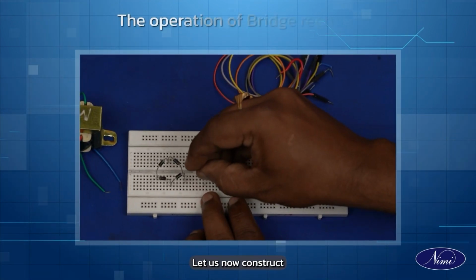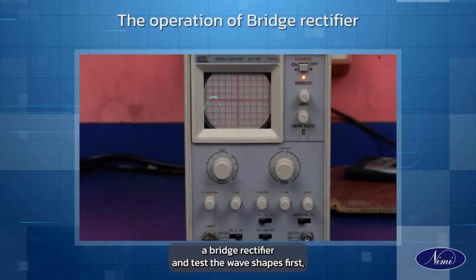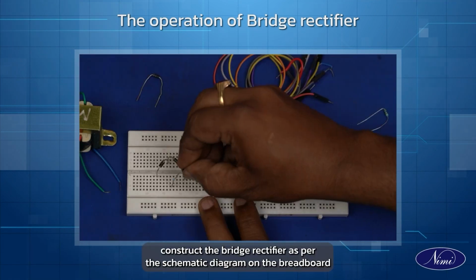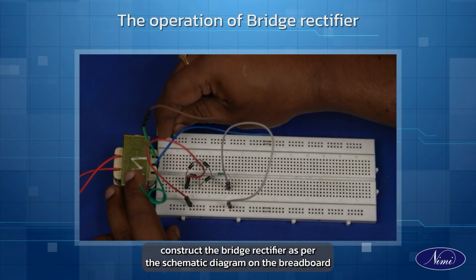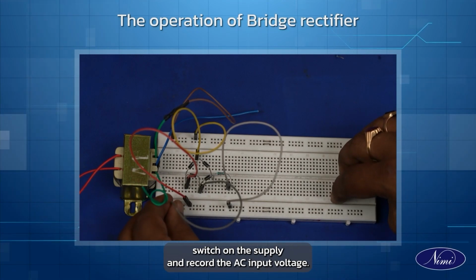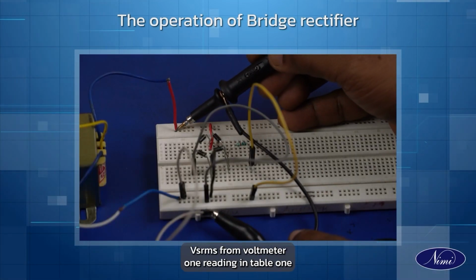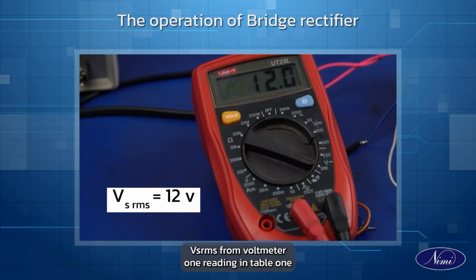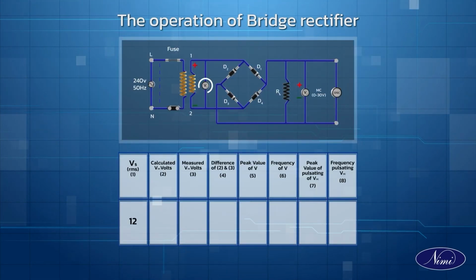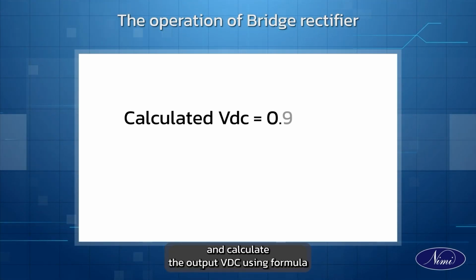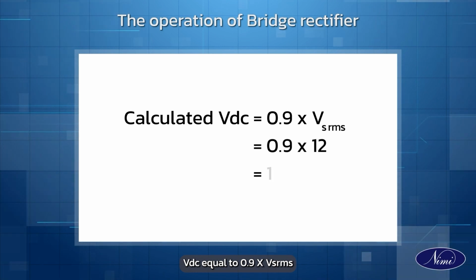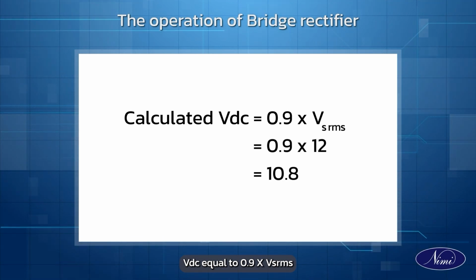Let us now construct a bridge rectifier and test the wave shapes. First, construct the bridge rectifier as per the schematic diagram on the breadboard. Switch on the supply and record the AC input voltage Vs/RMS from voltmeter 1 reading in table 1 and calculate the output VDC using formula VDC equal to 0.9 into Vs/RMS.